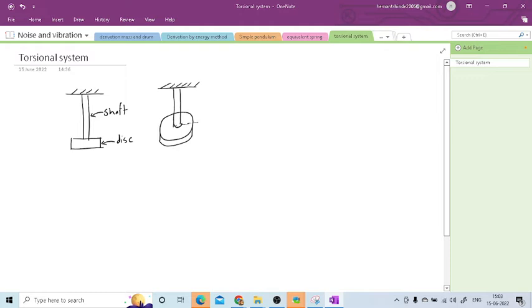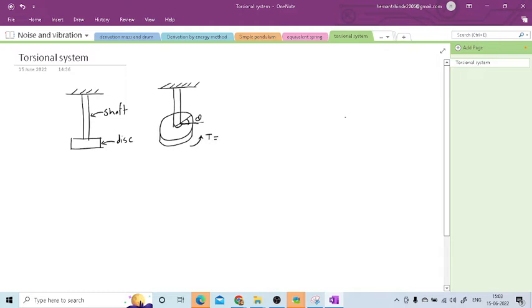Now consider this as the mean position of this system. If I apply the torque on this system, then this system will rotate and the angle turned will be equal to theta. This theta is nothing but the displacement of this system.